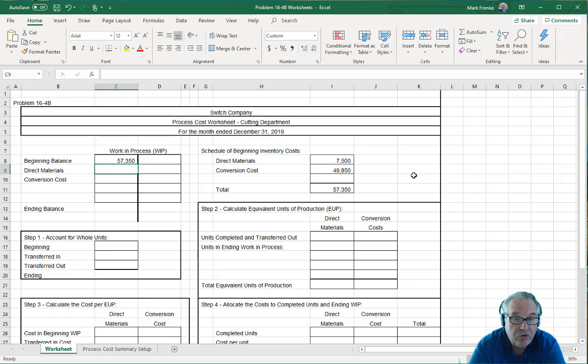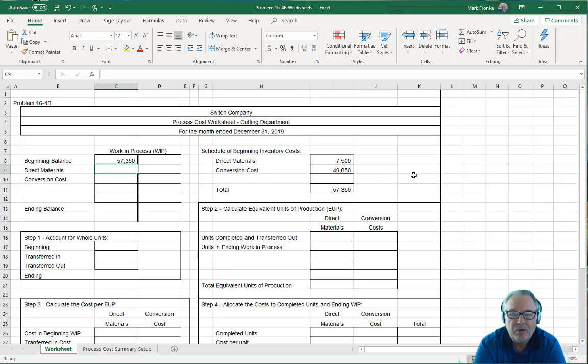Now, we are using conversion cost as a grouping of both direct labor and factory overhead. Because they behave the same in most situations, not all, but most, we're just going to lump them together. In a highly automated environment, and that's where we would use a process cost system more, labor really is a fairly small piece of the cost input.